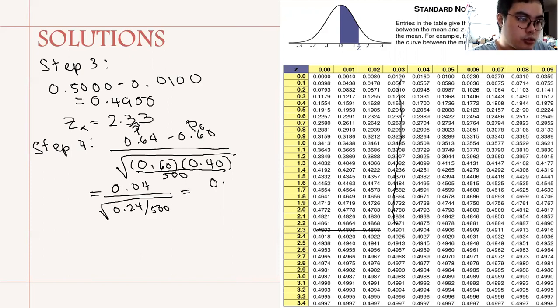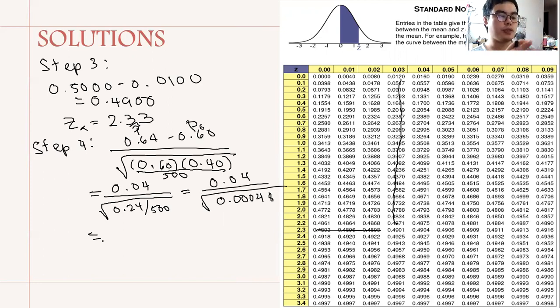Inside the square root, we're going to find the quotient first before finding the square root. So it is 0.00048. Now we're going to divide it directly with the square root.